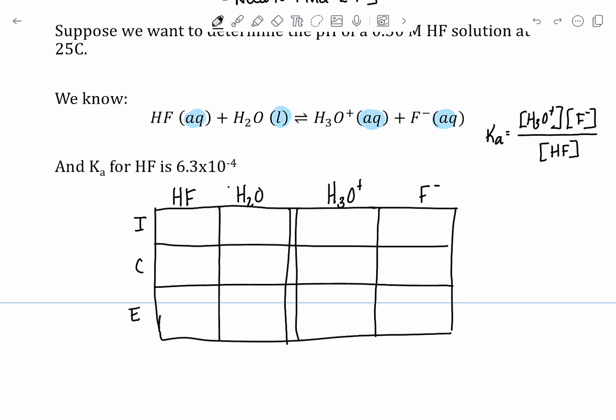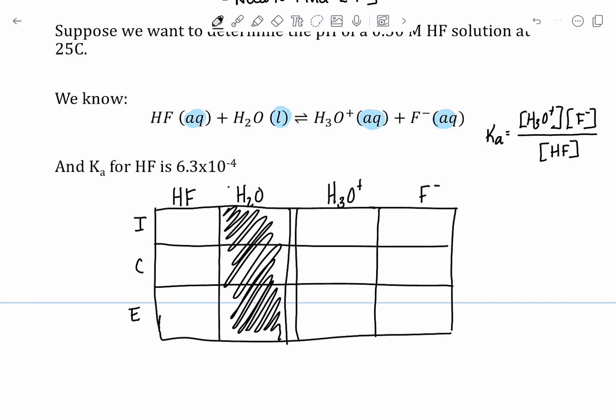It does not have a concentration. So anything that we put in those columns, we don't actually know. And so, since we're ignoring H2O in our Ka expression and anything at equilibrium, when we set up these ICE tables, we can just black out our water column because it is not contributing to any changes in equilibrium, because it's a liquid.